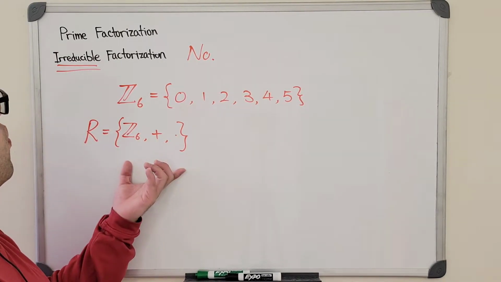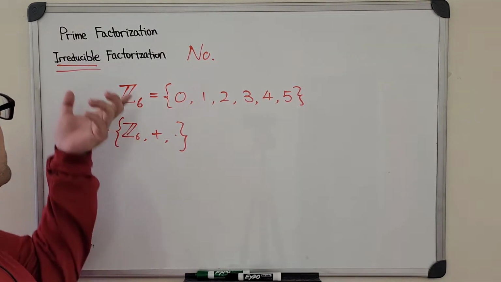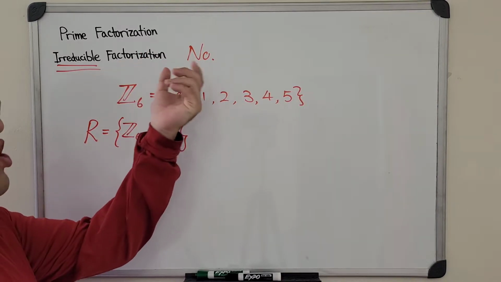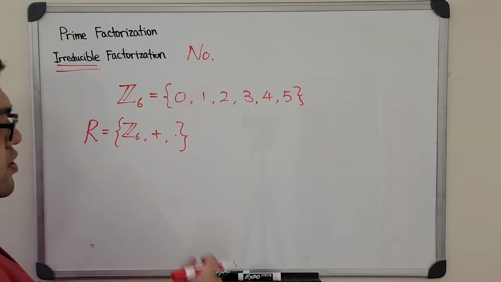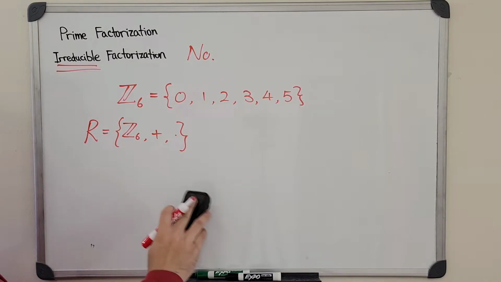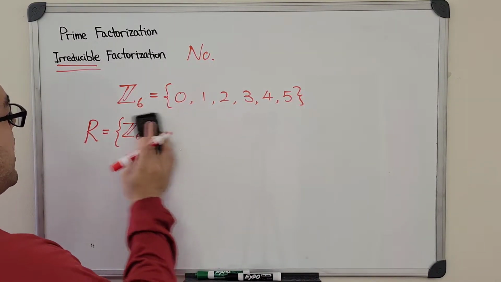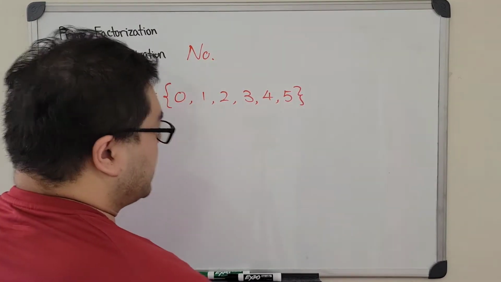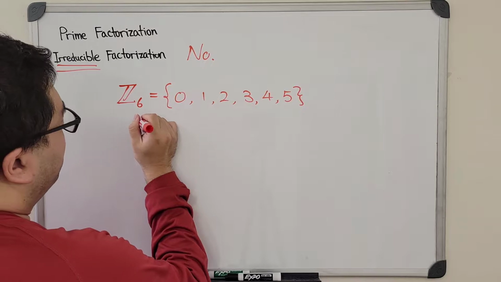Then let's see why irreducible factorization is not unique here. So here I'm going to make an extended ring, meaning that I'm going to use whatever we have here and then build something out from it.